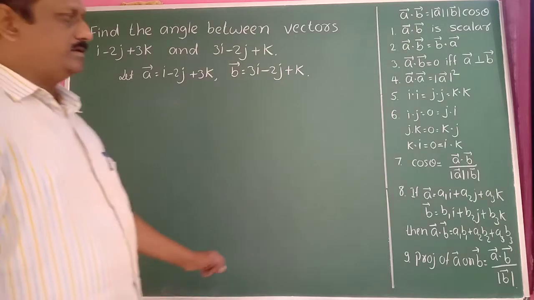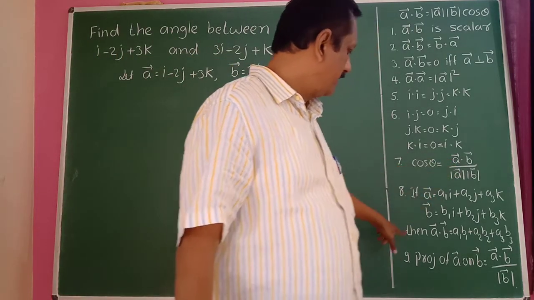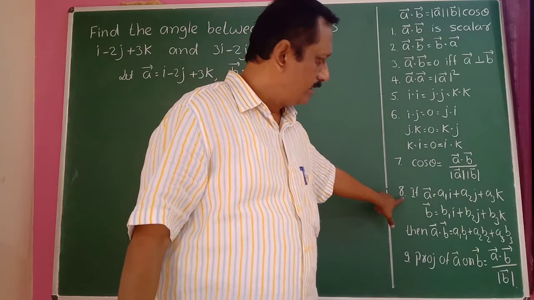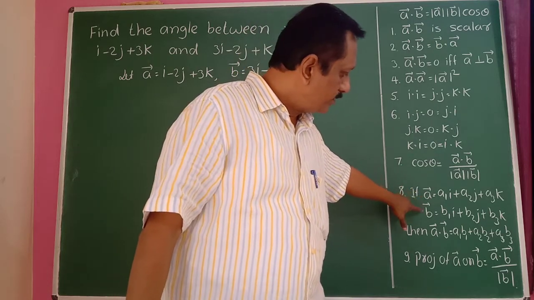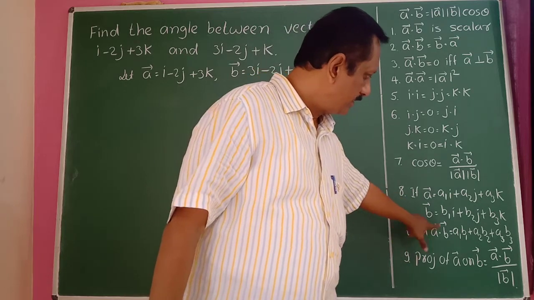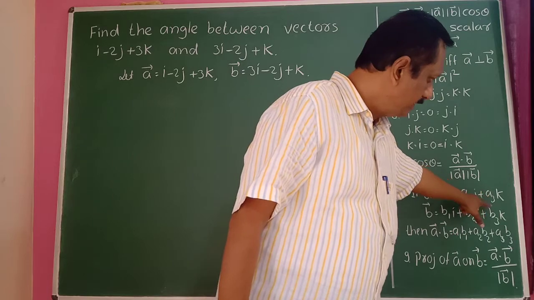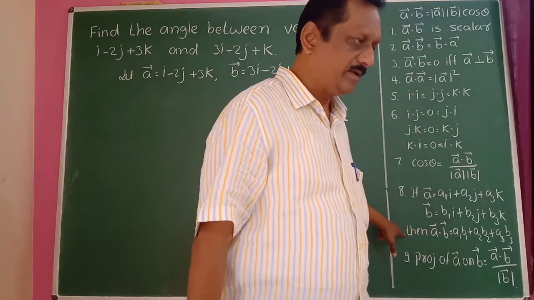So this is the formula. First, find a bar dot b bar using this formula, where a bar and b bar are the two vectors in component form: a bar dot b bar is a1 b1 plus a2 b2 plus a3 b3.